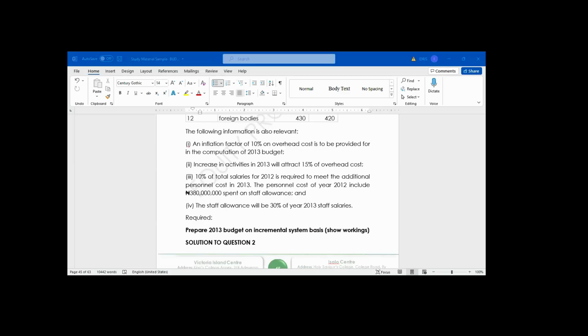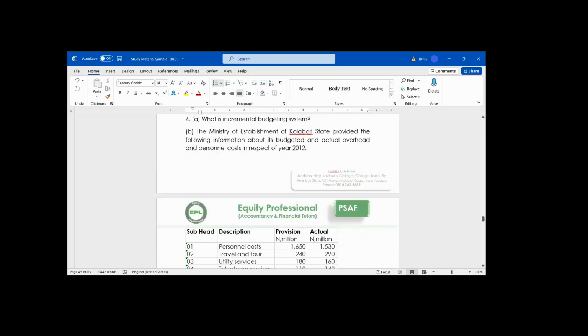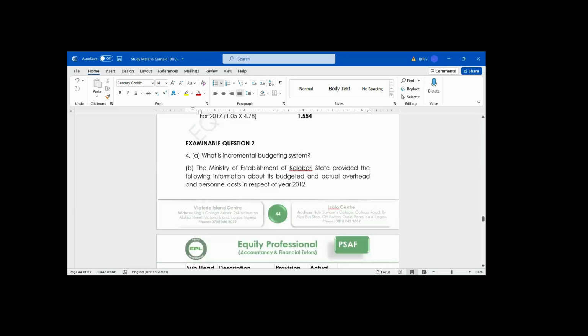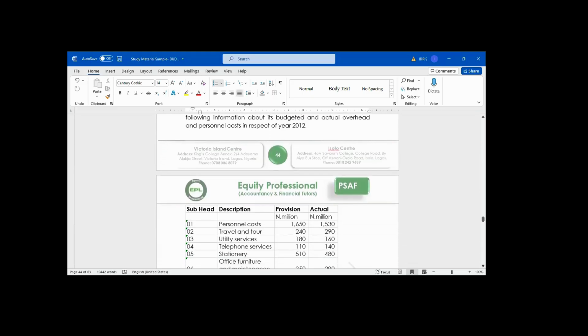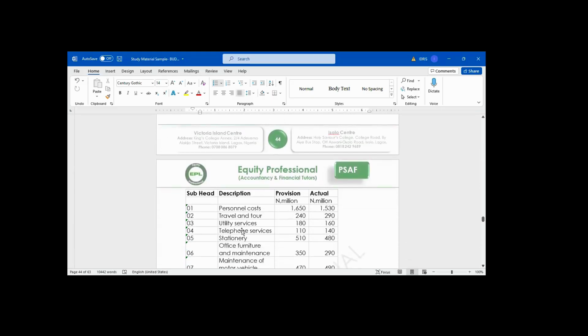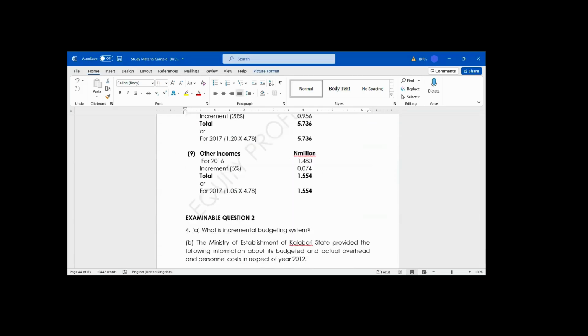In this question, we are given 2012 results. What are the 2012 results we are given? First, they gave us personnel costs. This is the 2012 budget.